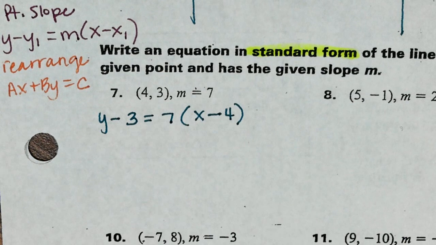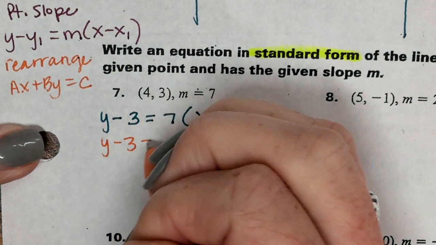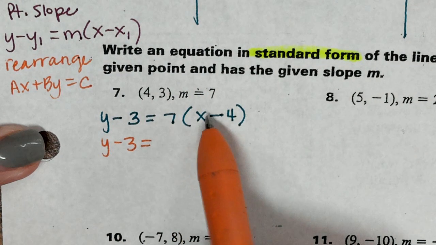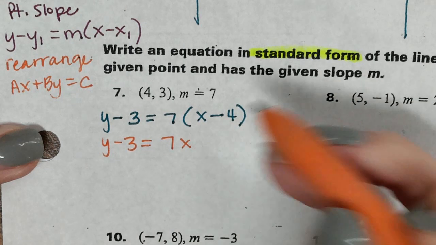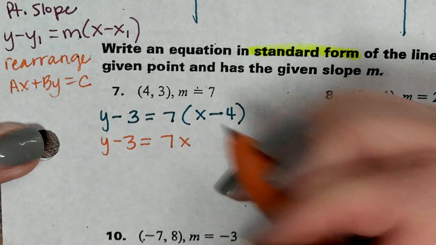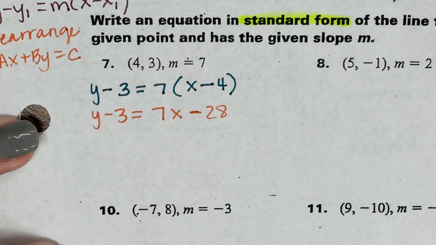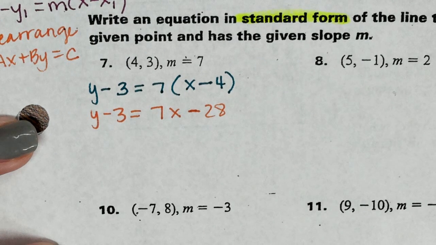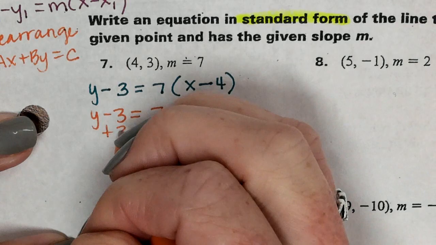So the first thing I'm going to have to do is get rid of the parentheses by using distributive property. So I'm going to do y minus 3 equals, and I'm going to distribute the 7, so I have 7x, and 7 times negative 4 is negative 28. Now I need to get rid of the minus 3 by adding plus 3.